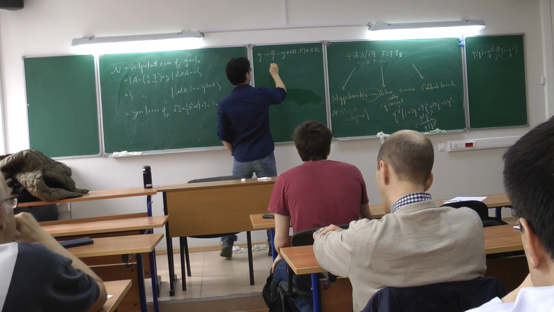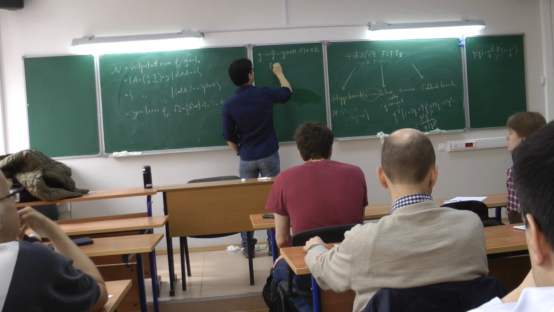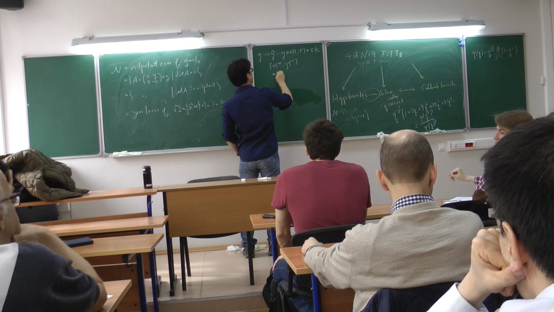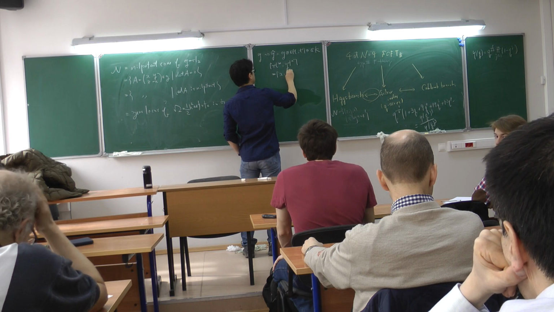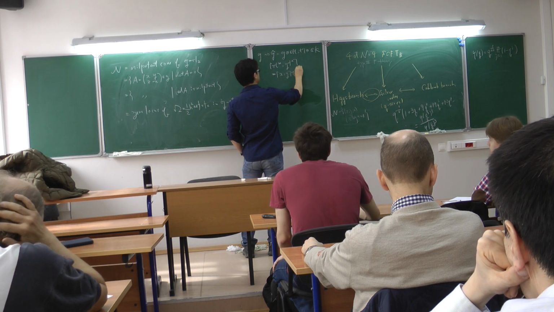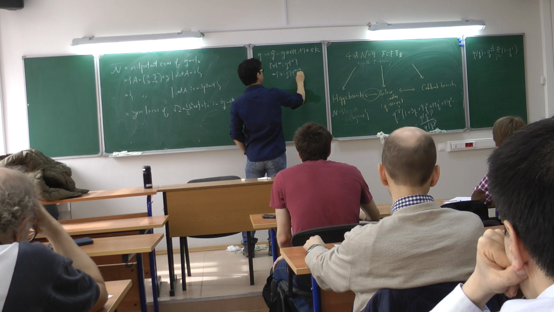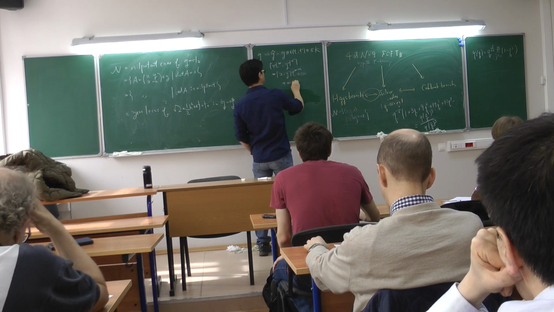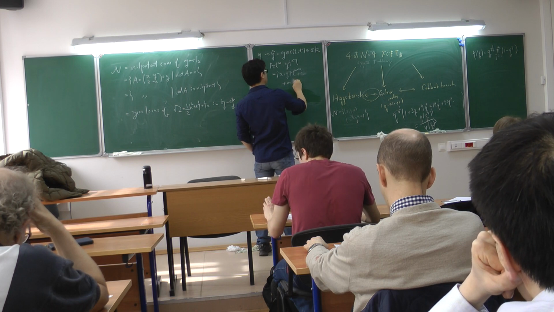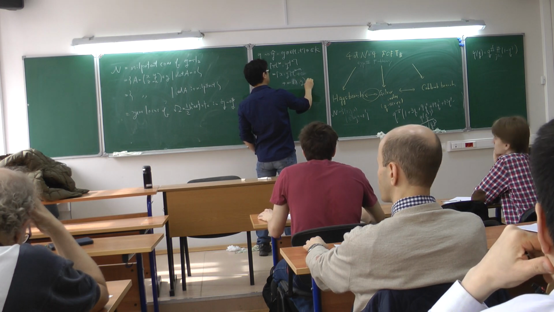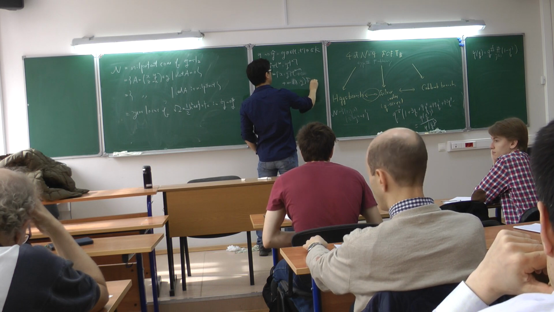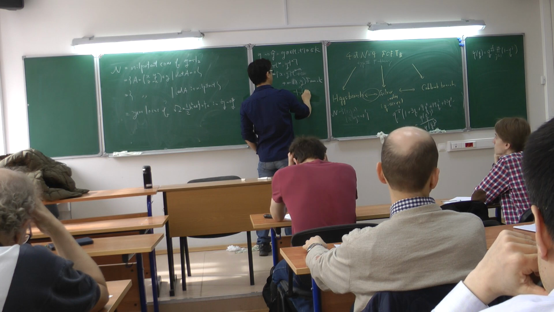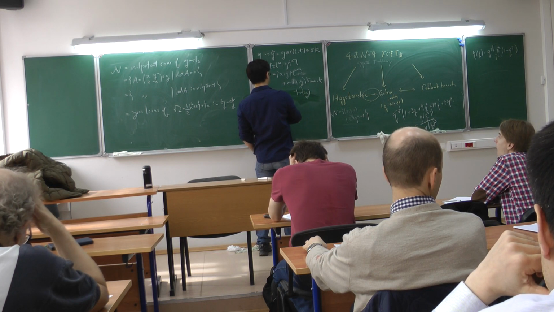So the commutation relation is something like this, plus this is just a trace of xy, and k is central.